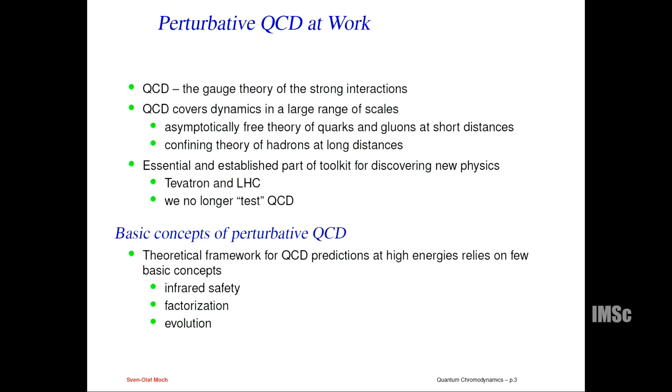We don't test QCD anymore. Maybe 20, 30 years back, experimentalists wrote papers about testing QCD, but nowadays we don't. We basically take it as an established part of our toolkit, and then we work with it in order to discover new physics phenomena or to have better explanations of whatever measurements are being made.